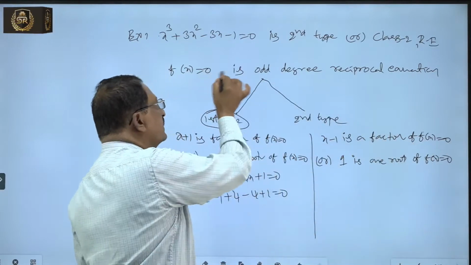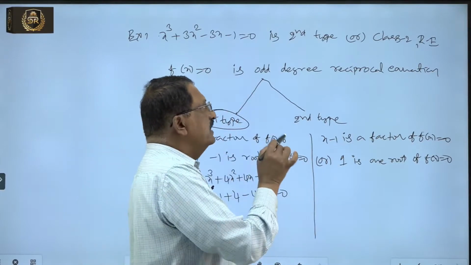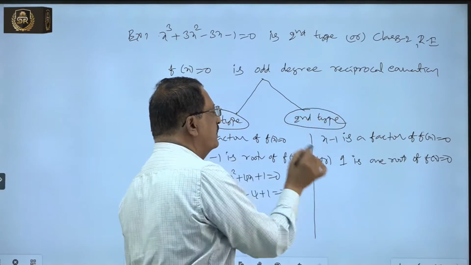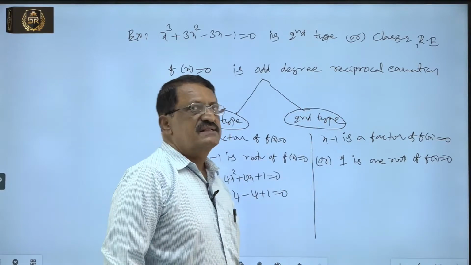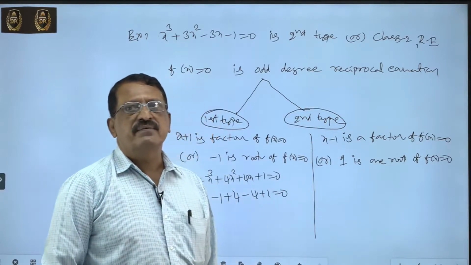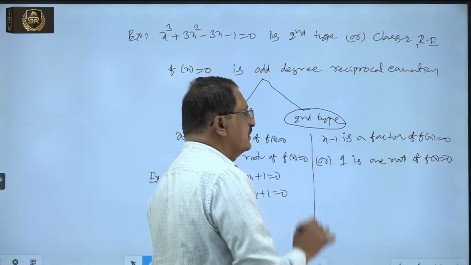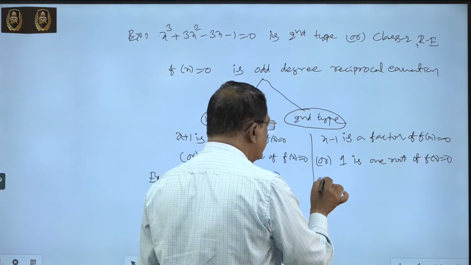If f of x equals 0 is an odd degree reciprocal equation of second type, always x minus 1 is a factor of f of x equals 0, or 1 is one root of the equation. For example, see this.